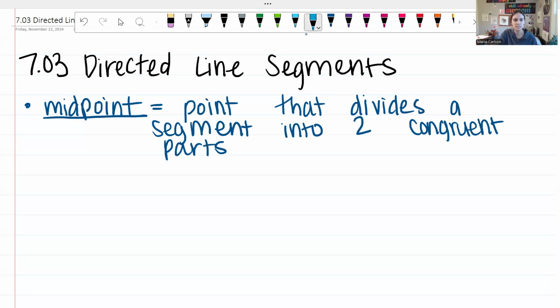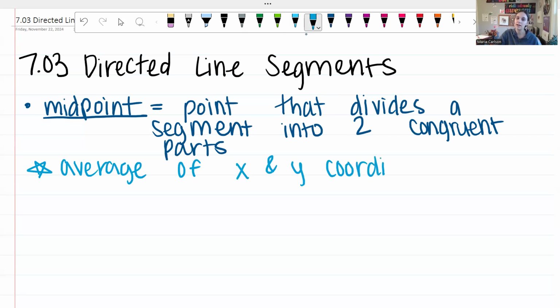A lot of times this is thought of as averaging. It's the average of your x and y coordinates. So you find your x coordinates, average those together, find your y coordinates, average those together of your two endpoints.